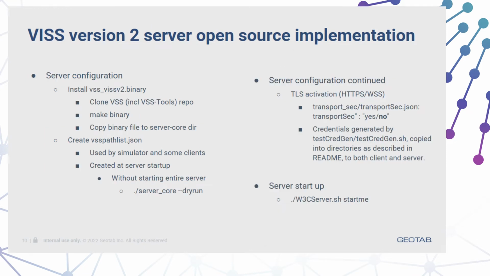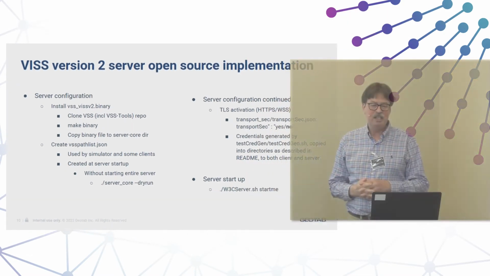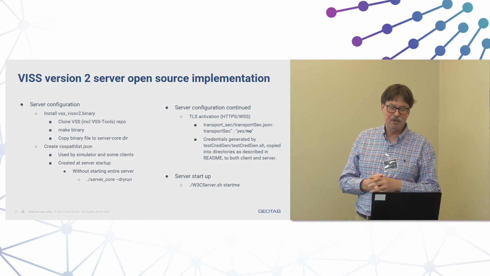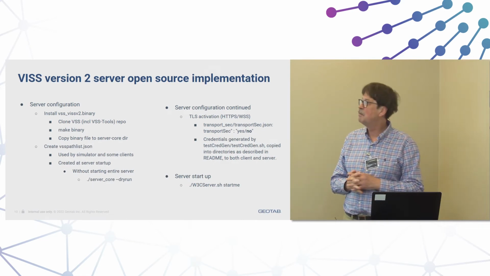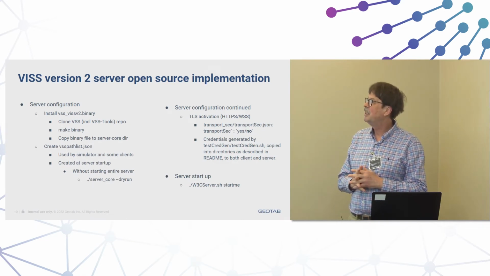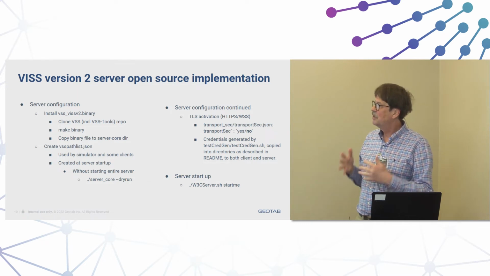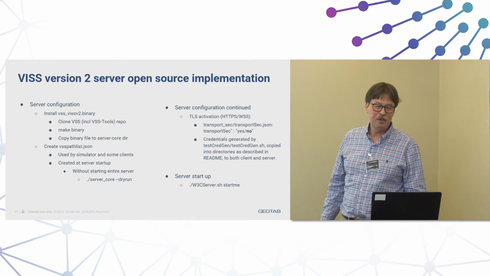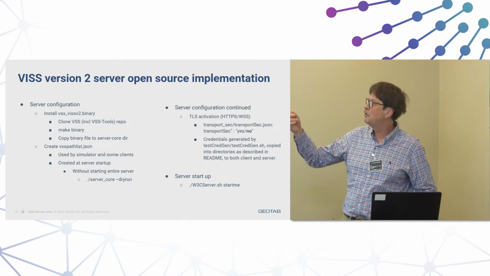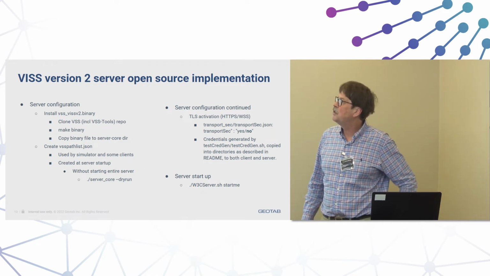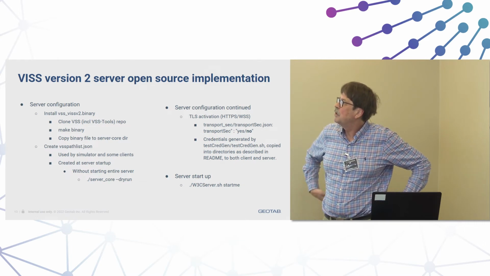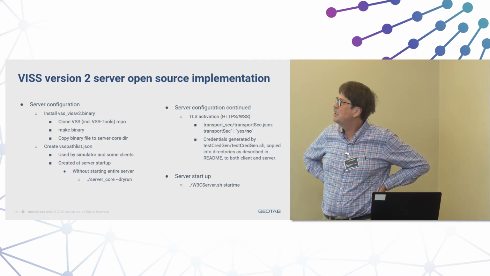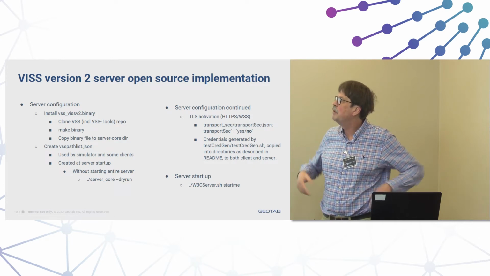All right, if you want to run this, I thought maybe I should mention, it's a fairly complex system, so you need to do some stuff, and maybe the documentation on the GitHub is not super clear, so I try to compress it here. If you want to run it, you first need to do some configuration. You need to install what is called the VISS version 2 binary file, which contains the tree.